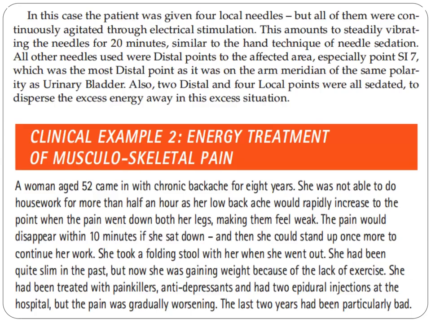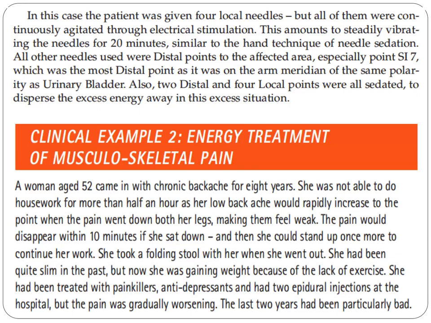In this case, the patient was given 4 local needles, but all of them were continuously agitated through electrical stimulation. This amounts to steadily vibrating the needles for 20 minutes, similar to the hand technique of needle sedation.